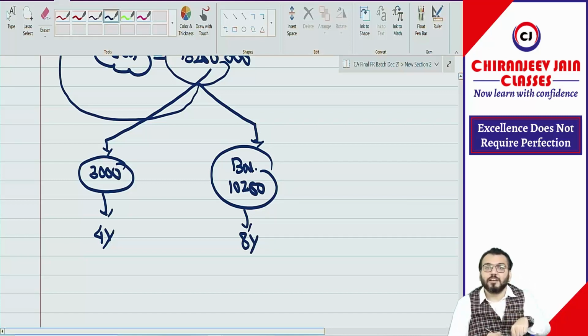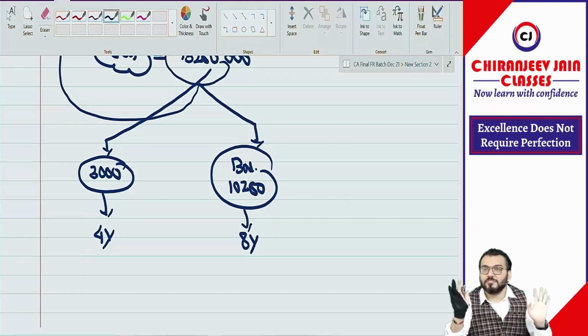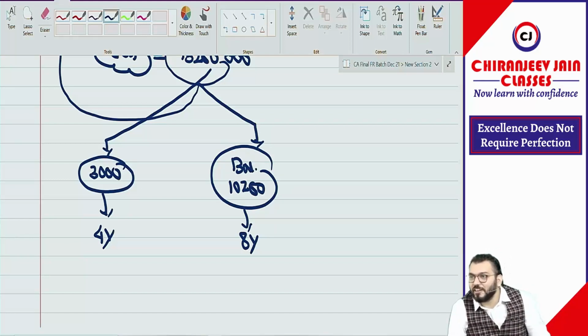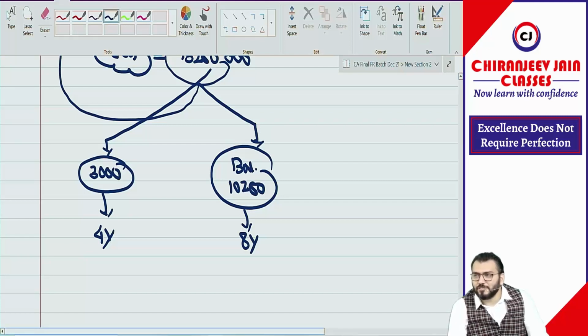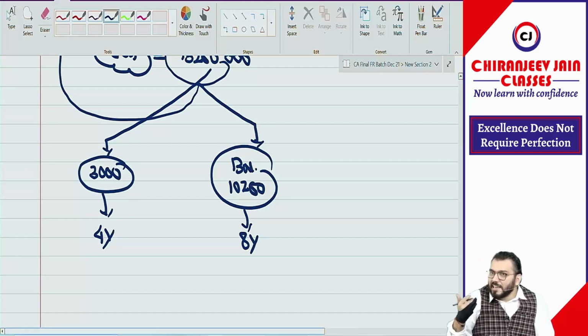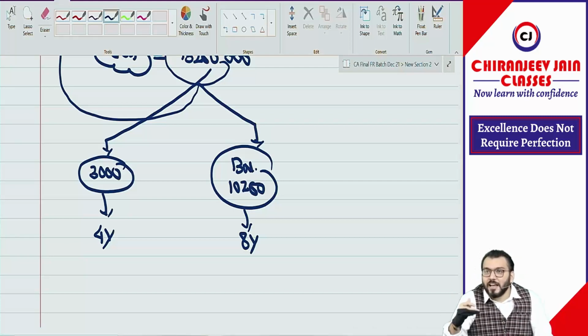This is component accounting. Understood or not understood? Your silent face means not understood. Smiling face means understood. Have you understood? Don't accept till you understand. Have you understood everything, whatever I have explained? Are you okay with that?